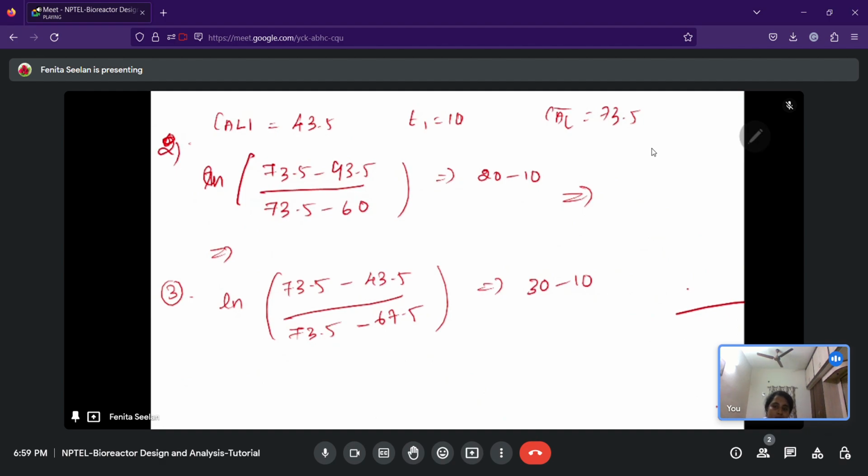Solve this in a similar way and please fill the table. I'll give you another 10 minutes to fill the table, and then we will proceed.